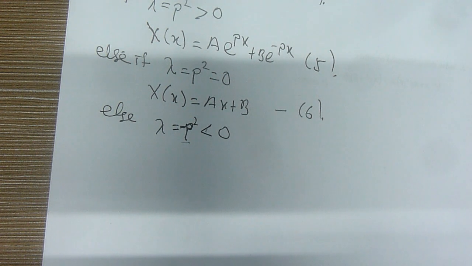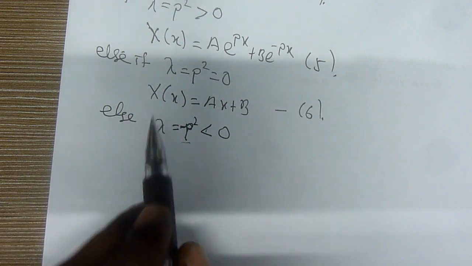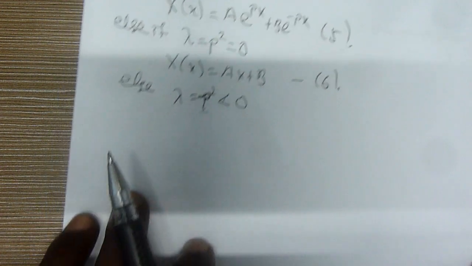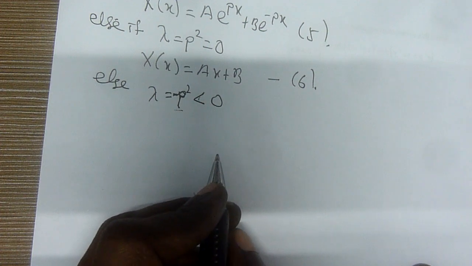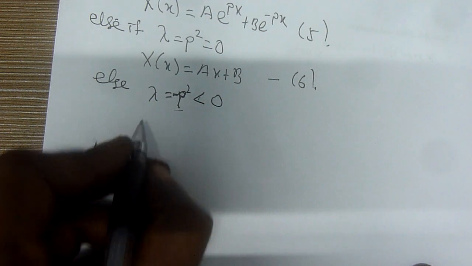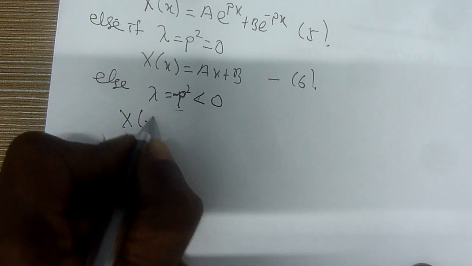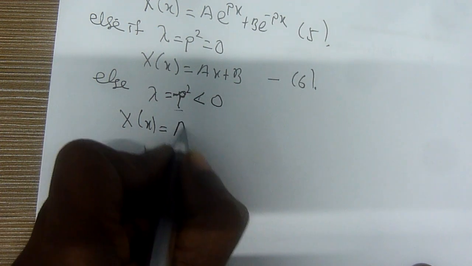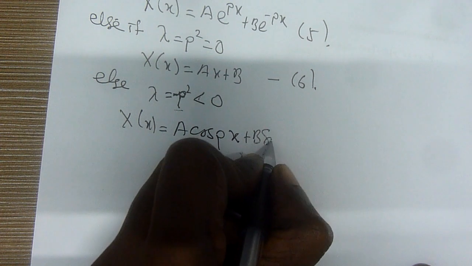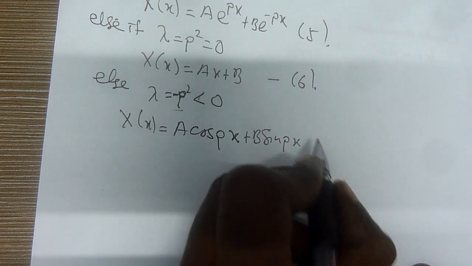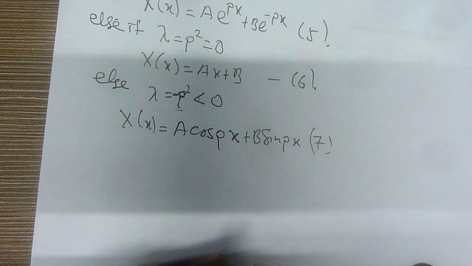Maybe let me check. Yes, else negative p squared. This is correct. Then X becomes, based on the Euler formula, cos px and sin px. This is number 7.